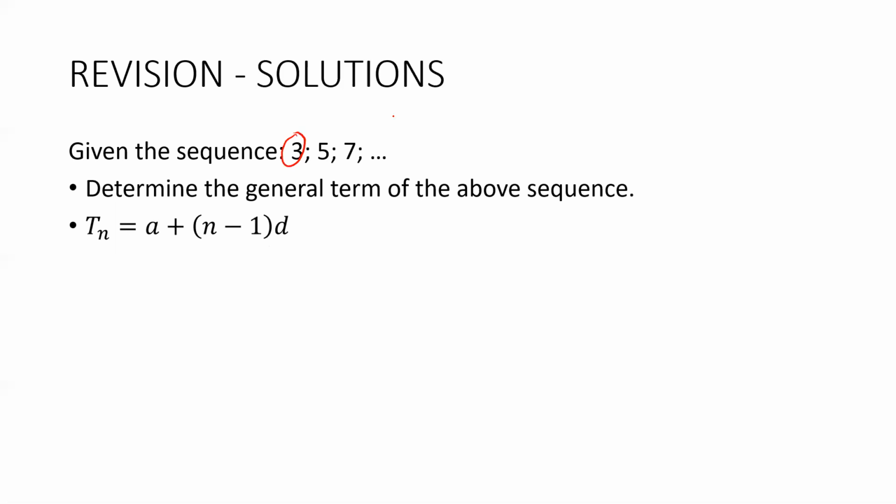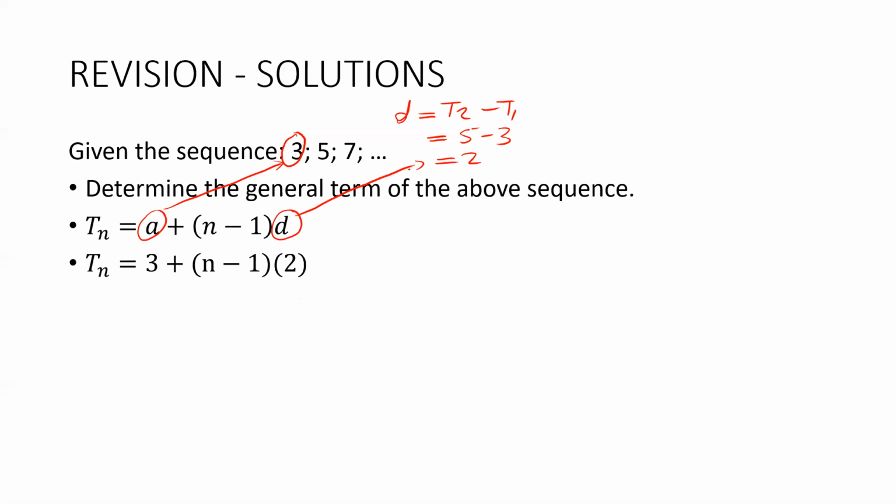And what will be d? d will be 2. How did you get that 2? 5 minus 3. So you took 5, you subtracted 3, and it gave you 2. And then where there's d, you will substitute 2. Where there's a, you will substitute 3. Do we agree? Yes. And this is what you will have.